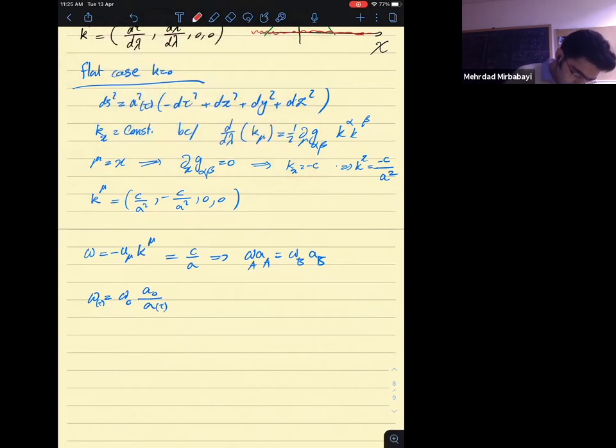One defines a quantity z via the following relation. It defines z to be this factor a naught over a. So it's a function of time. z is called redshift.